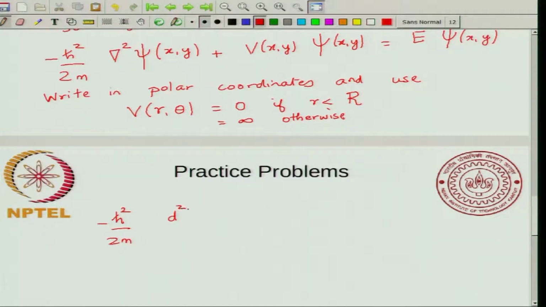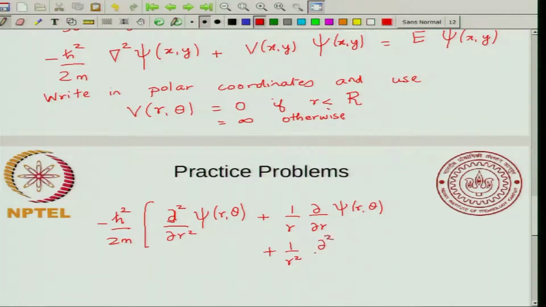So, you have dou square by dou r square of psi, where psi is a function of r theta, plus 1 by r dou by dou r of psi of r theta, plus 1 by r square dou square by dou theta square psi of r theta, is equal to E times psi of r theta.